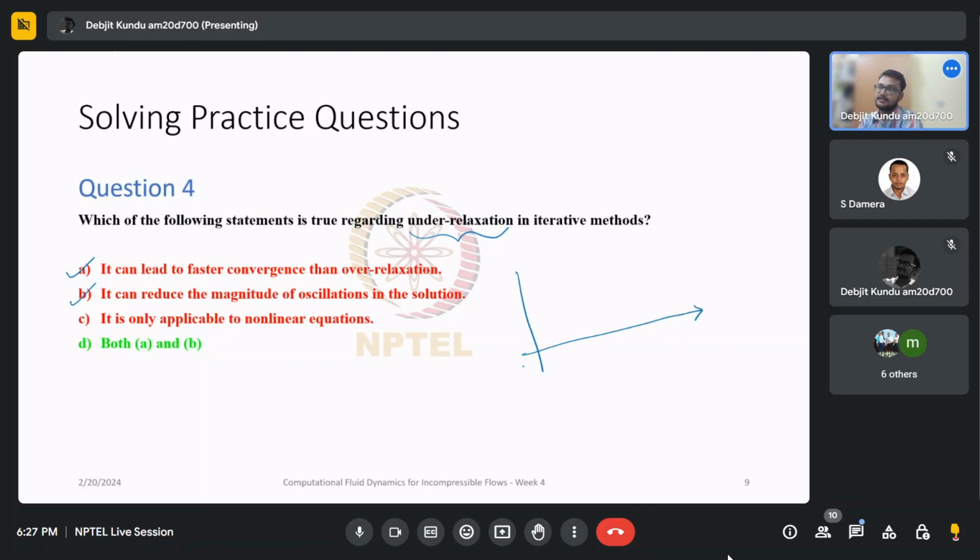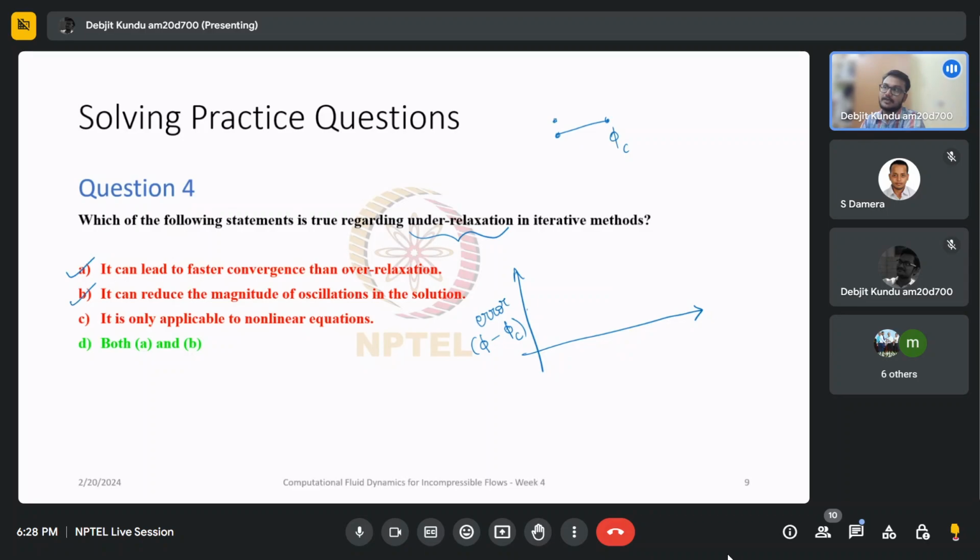Let's say the y-axis is the error, which is nothing but phi, whatever is calculated, minus phi c, the converged value where it should converge. If we over relax, there is a chance of, as I mentioned in the previous question, that this is phi c and this is the last value.